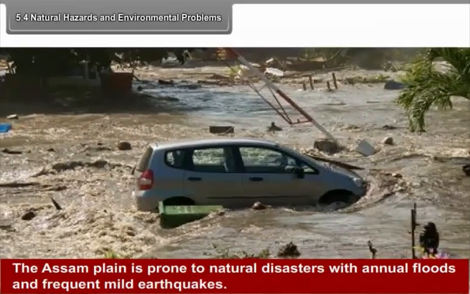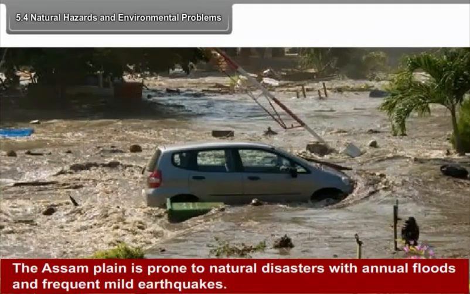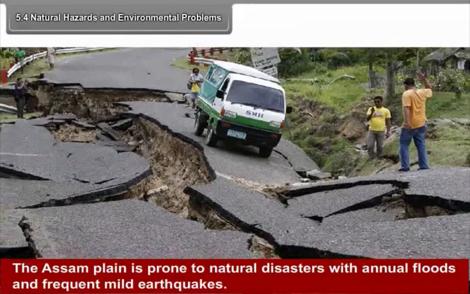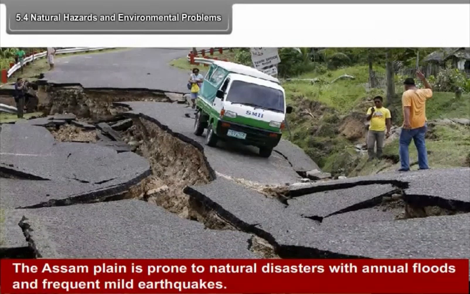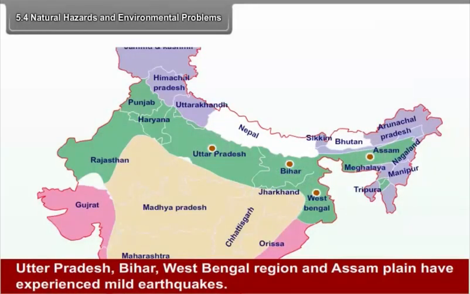The Assam plain is prone to natural disasters with annual floods and frequent mild earthquakes. Uttar Pradesh, Bihar, West Bengal region and Assam plain have experienced mild earthquakes.